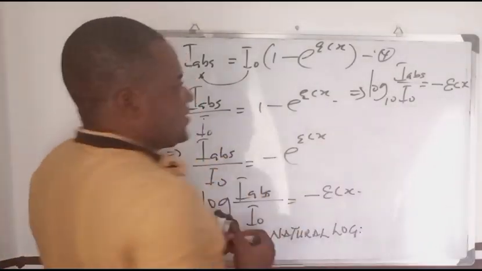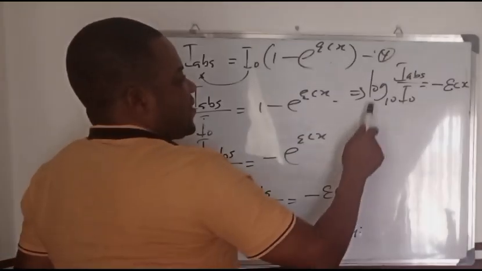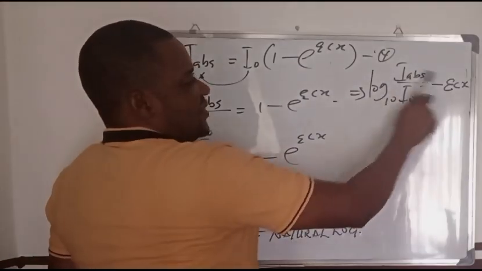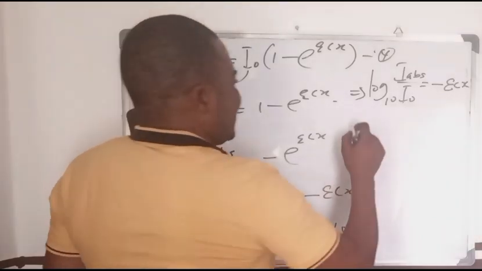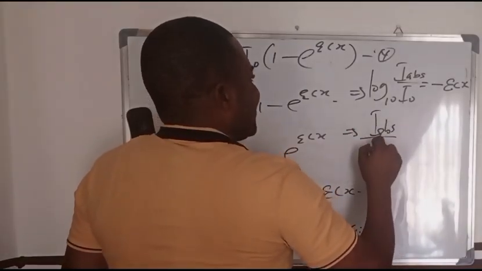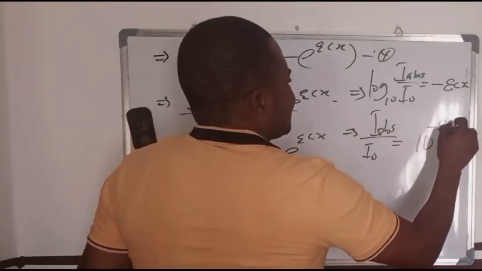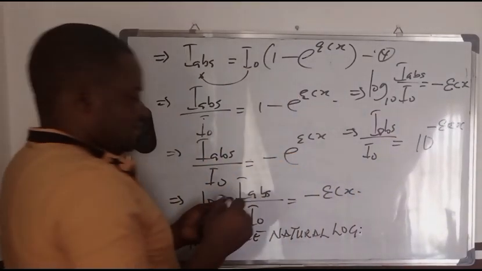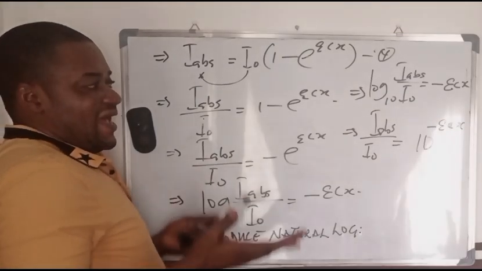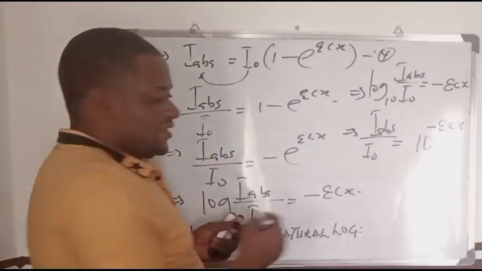And if this is true, we can possibly remove the log for this side of the equation. That is going to give us I absorbed over I0 equals what? 10 raised to the power minus this. And finally, we are looking for the intensity of absorbed radiation.